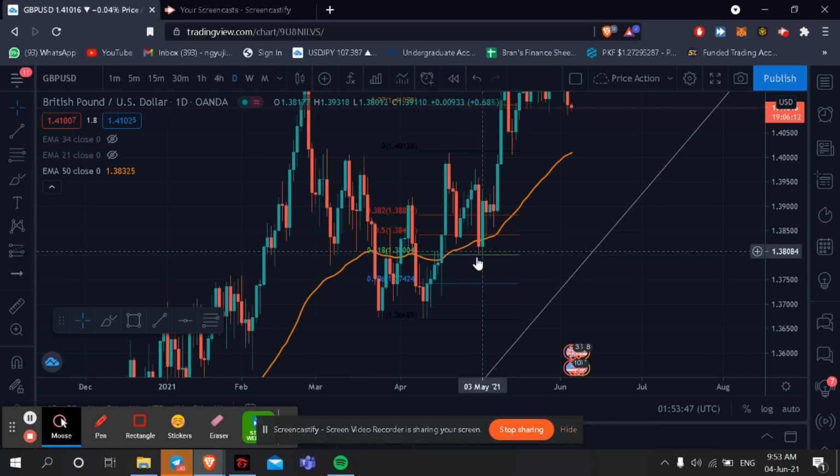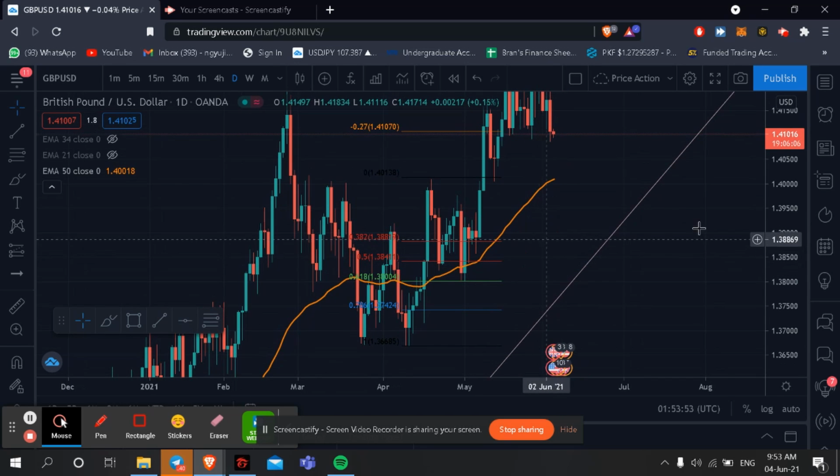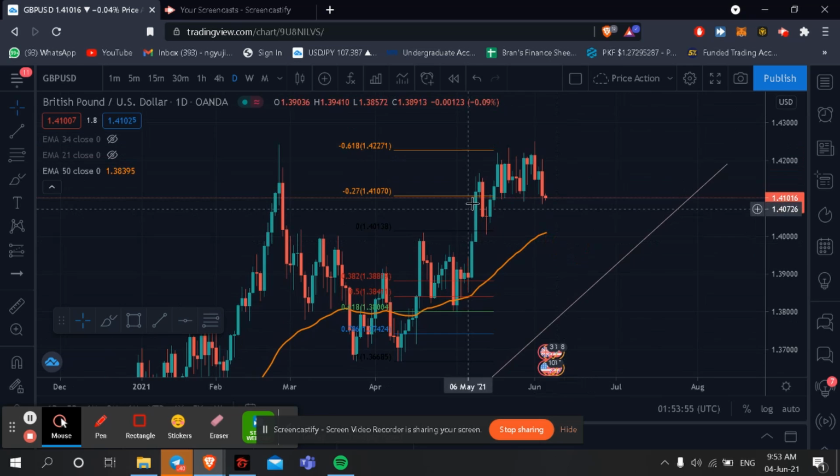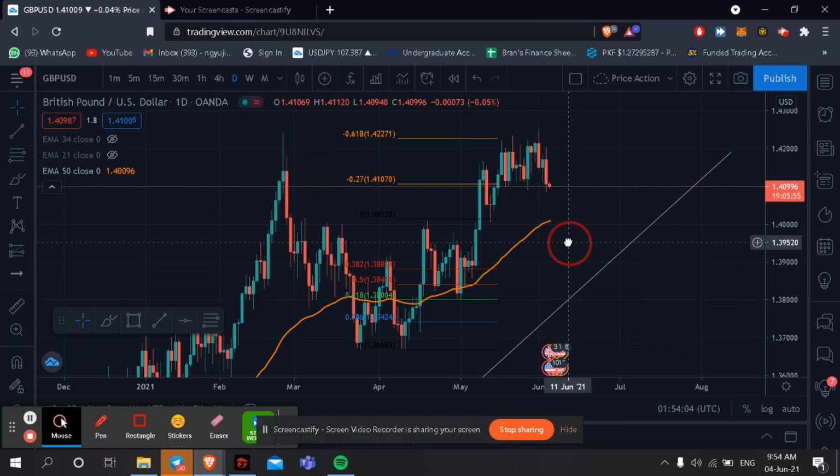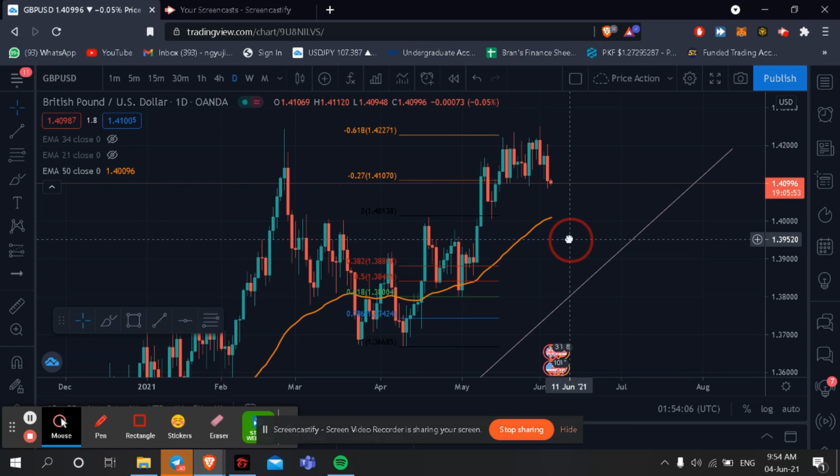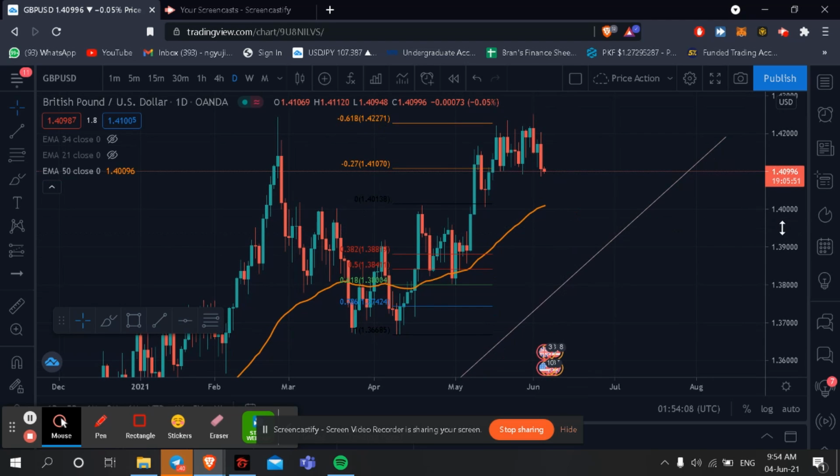Look, 0.618 in confluence with support over here. And where does it go? It goes straight to our take profit levels, even to the negative 0.618 and the dot. Can you see this? So this is how fib is used. It's so useful and so powerful.